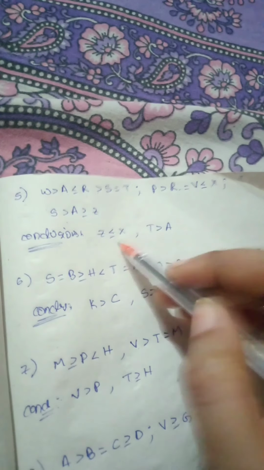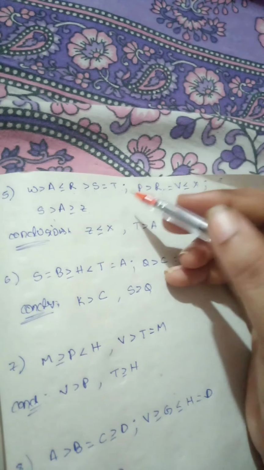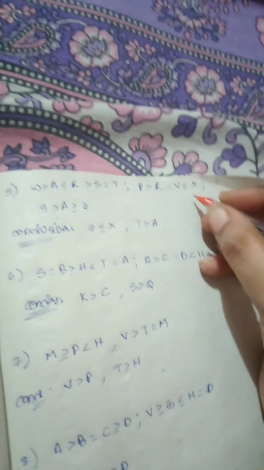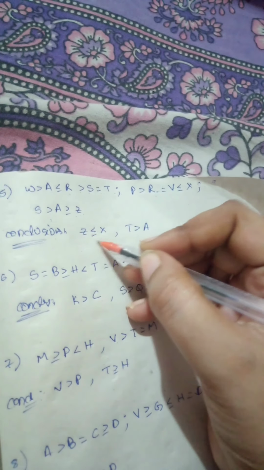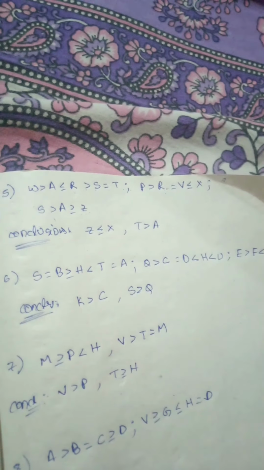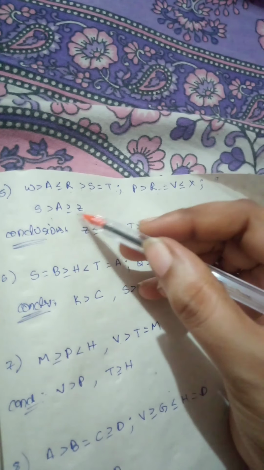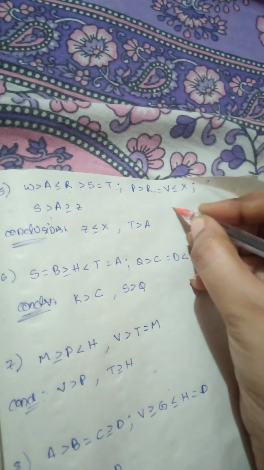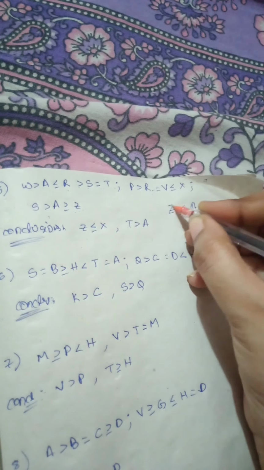From these two conclusions, we made above three expressions using one expression. The first conclusion is z is less than or equal to x. That means we establish a relation between z and x. That means from the last expression, z is less than or equal to a is given.